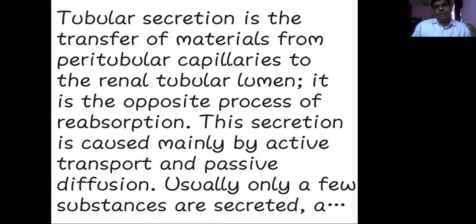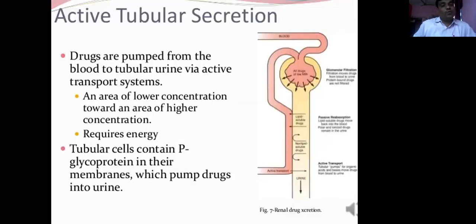For the process of transport, this secretion process is very essential, and usually only a few substances are secreted in this process. In active tubular secretion, drugs are pumped from the blood to the tubular urine via this active transport system.